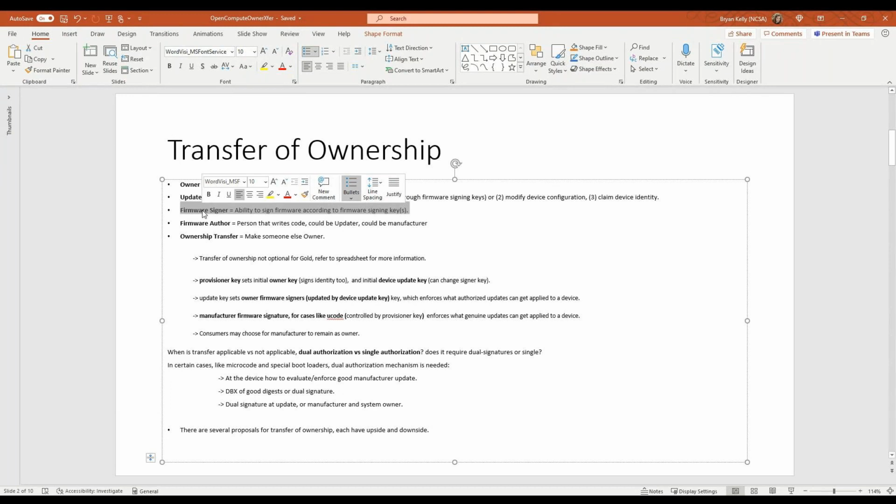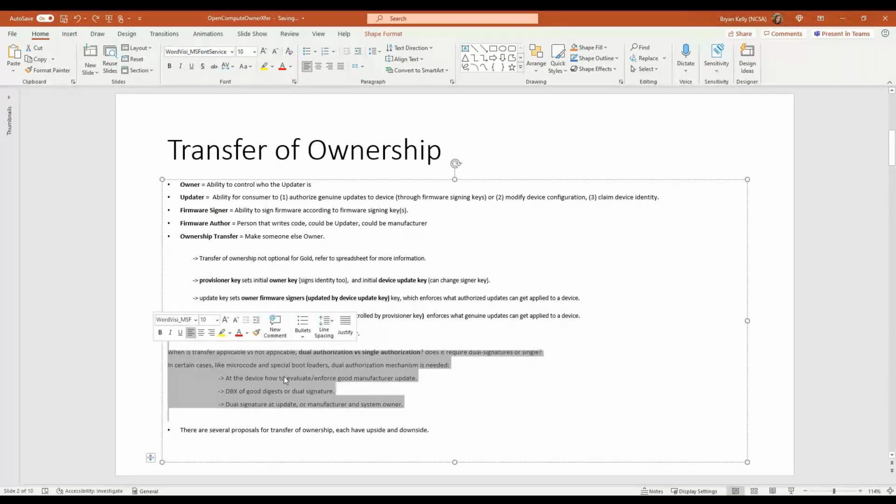And what's missing, which is probably getting down to this whole author thing, maybe the difference between author and signer, is that in some limited circumstances there's a manufacturer key which ensures that only genuine updates can be applied to a device.